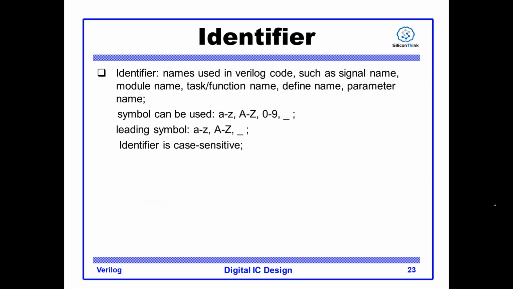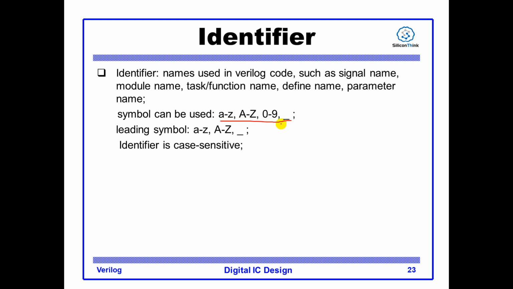Okay, let's go on with the Verilog syntax. First, how to declare signals. We call it identifier. So identifier is the names you use in Verilog code, such as signal name, module name, task function name, define name, parameter name, any name. You can use these symbols in a name.